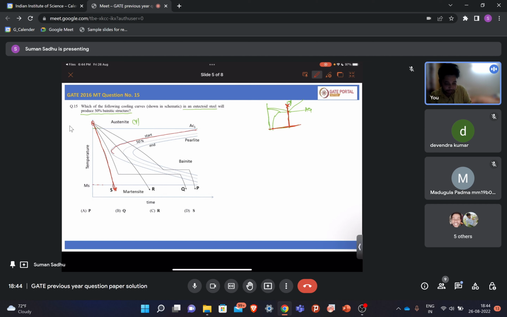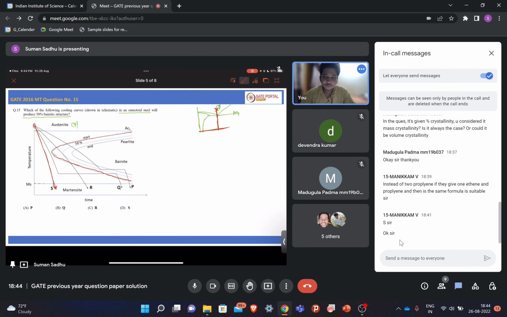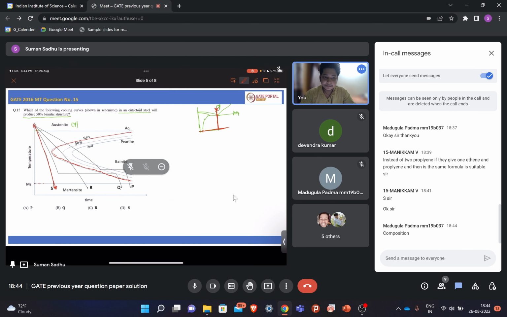By the way, what do these C curves denote, anyone? What is the significance of the C curve, what is it showing? The C curve is not a composition.